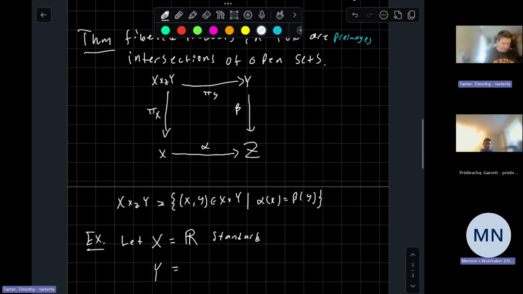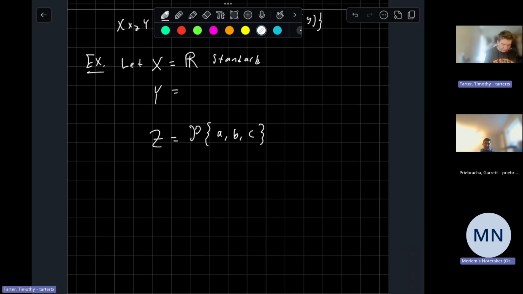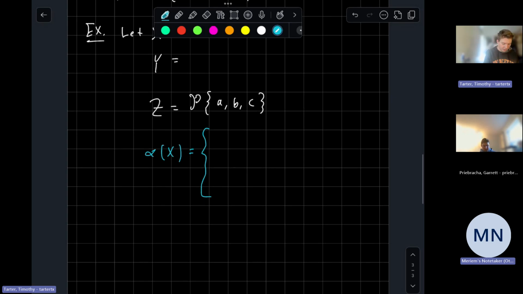And so what I'm going to say is we're going to define alpha, and we're going to define Y in a second. Alpha of x in X basically takes on one of three things by natural injection.